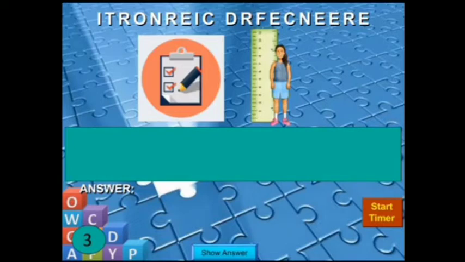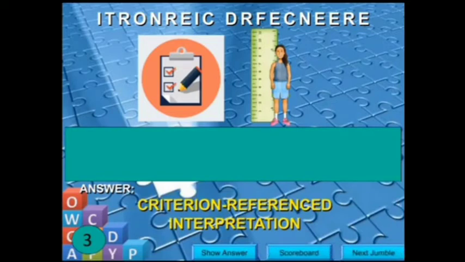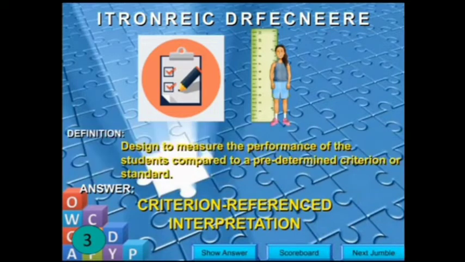Round 3. Time starts now. Time's up. The answer is criterion reference interpretation. It is designed to measure the performance of the students compared to a predetermined criterion or standard.